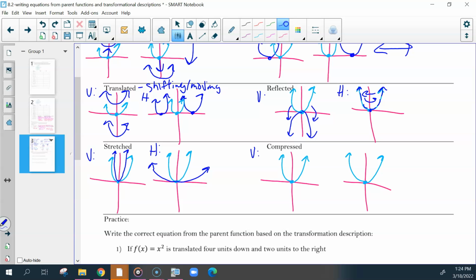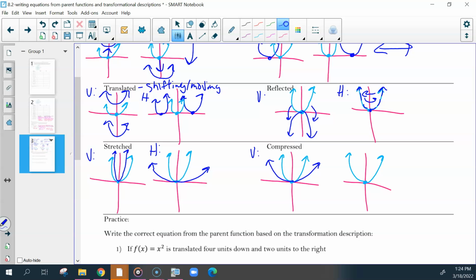Compress vertically is stretching out away from your y-axis. I know stretched horizontally and vertically compressed look the same, which in reality they really are. But if we are vertically compressing, we are shrinking away from the y-axis.